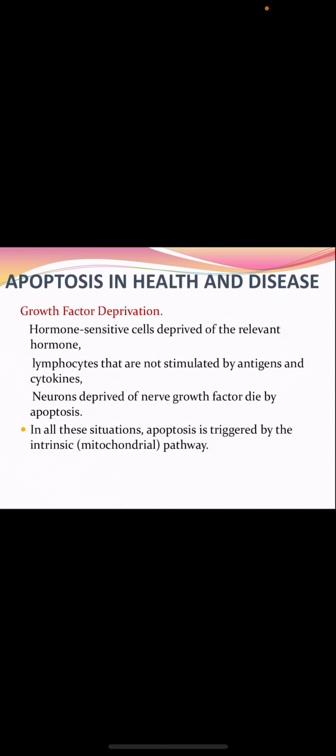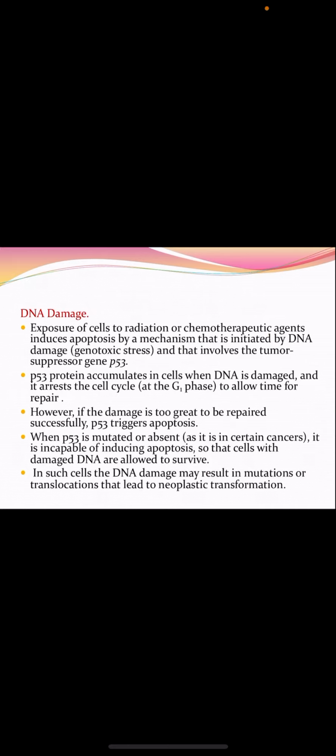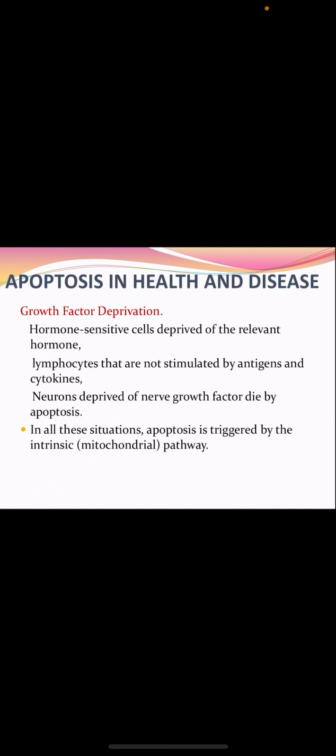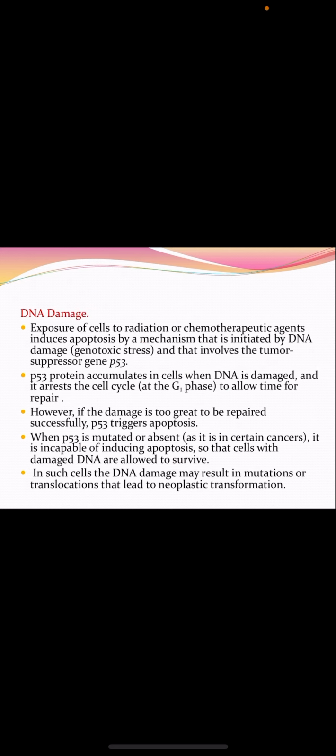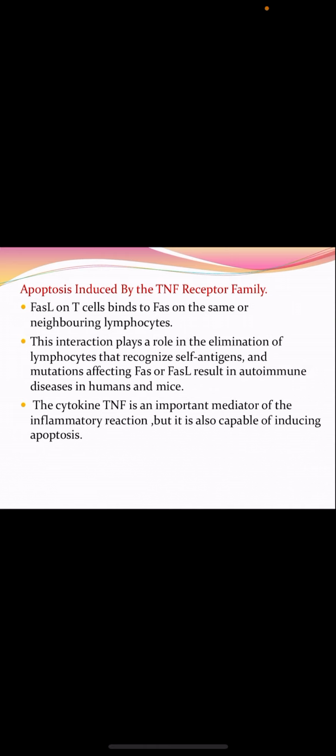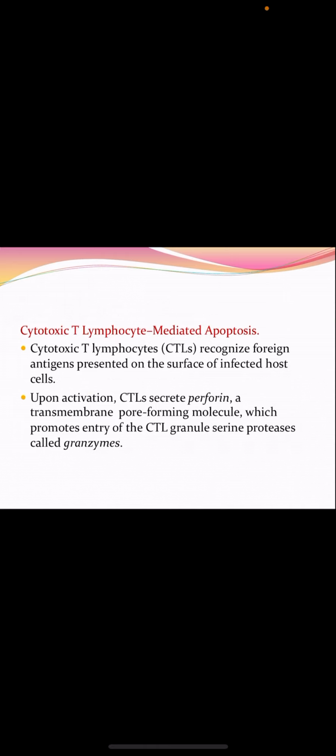You should know apoptosis in health and disease. Apoptosis takes place due to growth factor deprivation, DNA damage, and protein misfolding. Apoptosis is also induced by the tumor necrosis factor receptor family and by cytotoxic T lymphocyte mediated apoptosis.